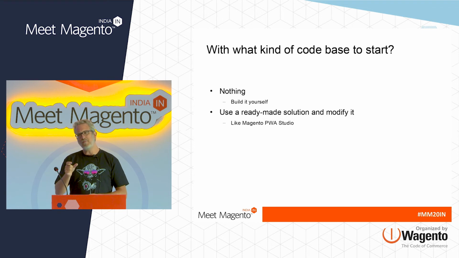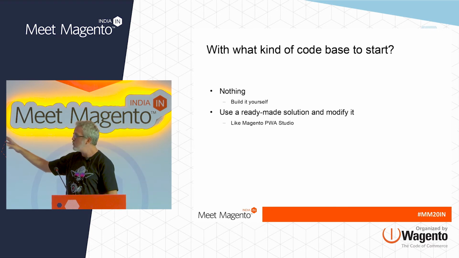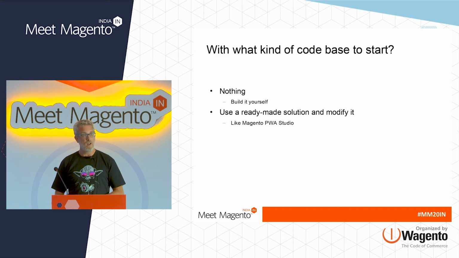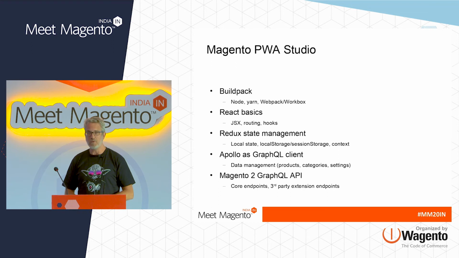However, with all of the features that Magento ships with, it could be taking a little bit of time to duplicate all of that. So the more obvious solution would be to choose some kind of ready-made solution and just start off with that. For instance, PWA Studio.